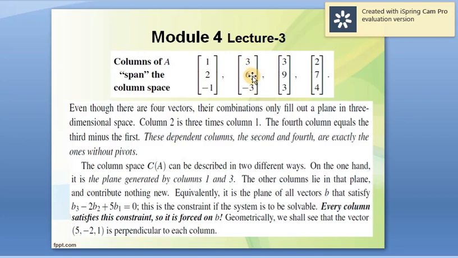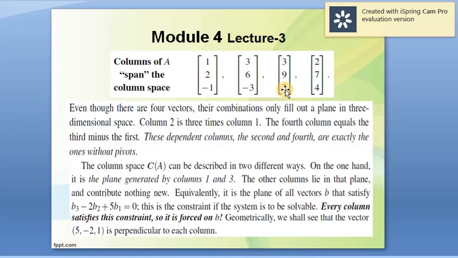Similarly, the fourth column is obtained by subtracting the first column from the third: 3 minus 1 is 2, 9 minus 2 is 7. So the second and fourth are dependent, whereas the first and third are independent.